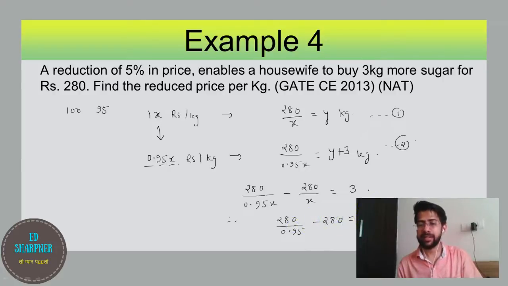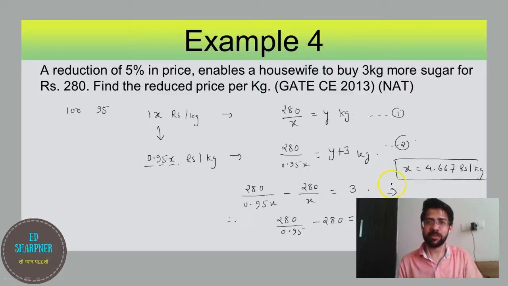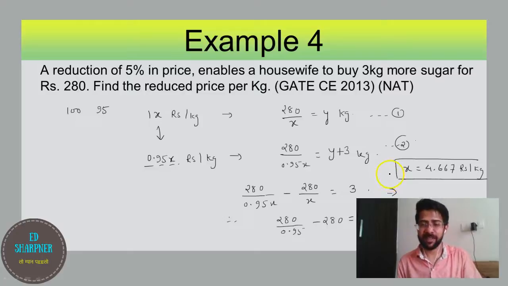I get 3x. To solve for x, I'll have to divide it by 3. And if you solve this, you get x is equal to 4.667 rupees per kg. So this is the answer in this problem. I hope you have understood this as well.